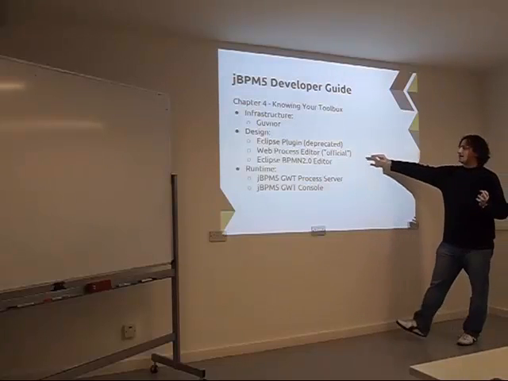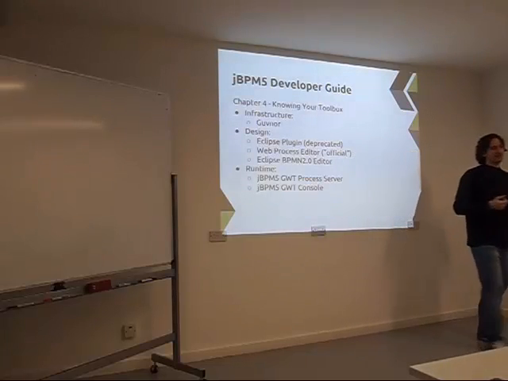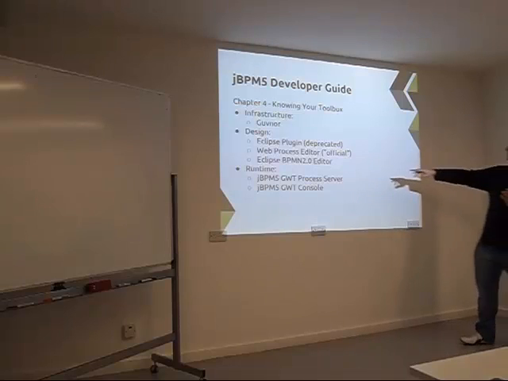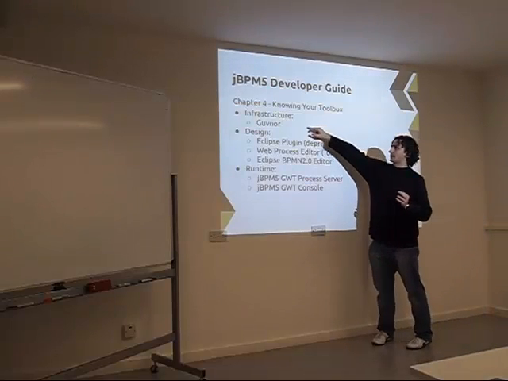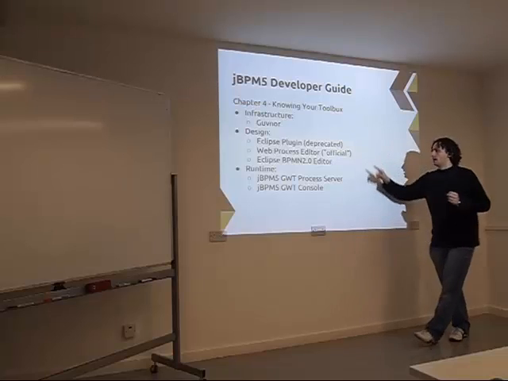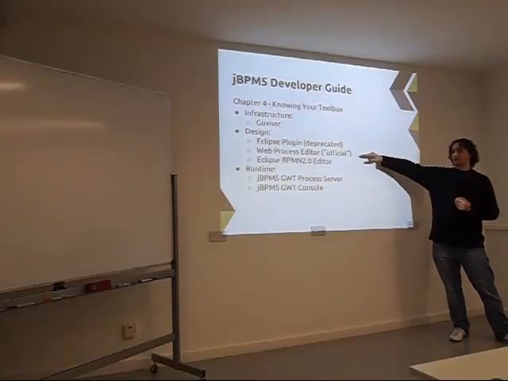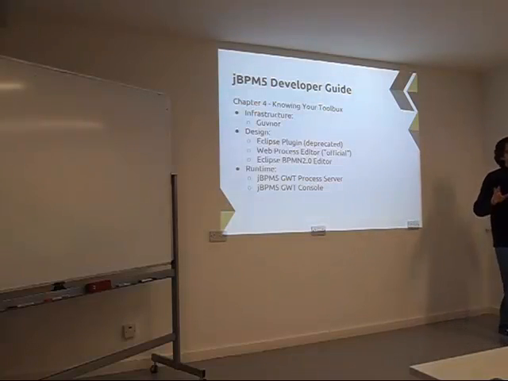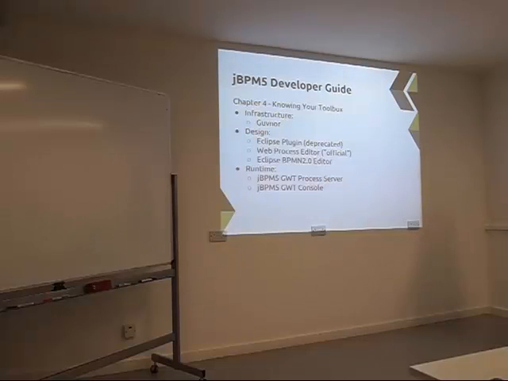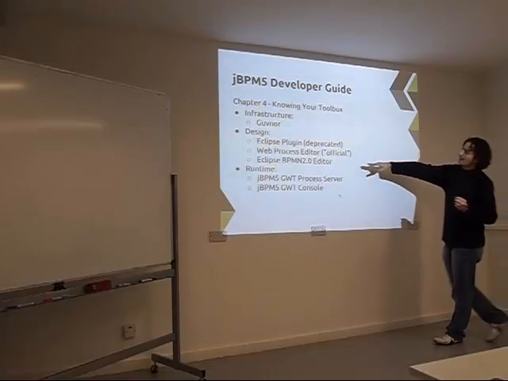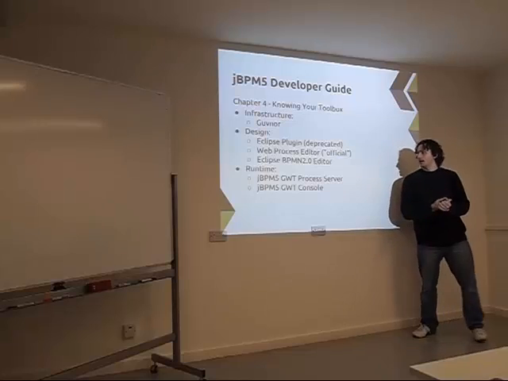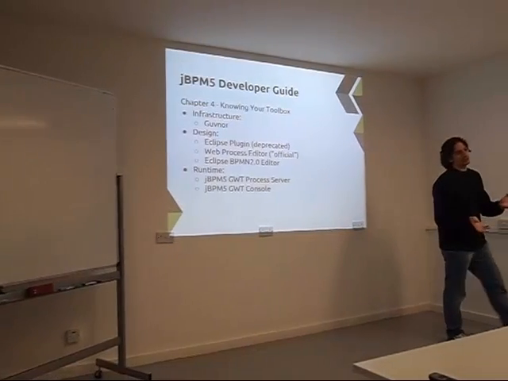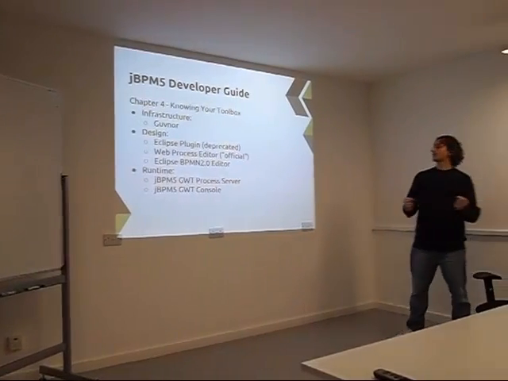Then we have the official web process editor. This comes with Governor, so it's bundled inside Governor. And here is where most of the efforts are being put, at least from the jBPM5 team, because then we have this Eclipse BPM 2.0 editor, which is a plugin for Eclipse.